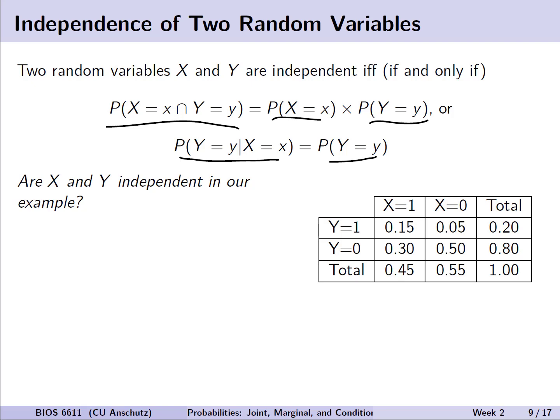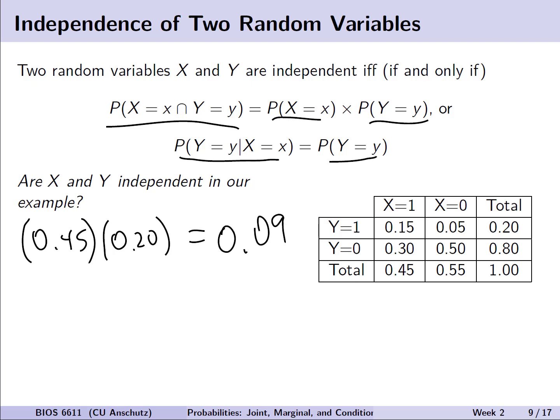Okay, so let's take the case of our top definition. We can look at the probability of x equals 1 and y equals 1. Above, we would take the joint distribution and see if it's equal to the marginal probability for smoker times the marginal probability for respiratory status. We have 0.45 times 0.20, and that equals 0.09.